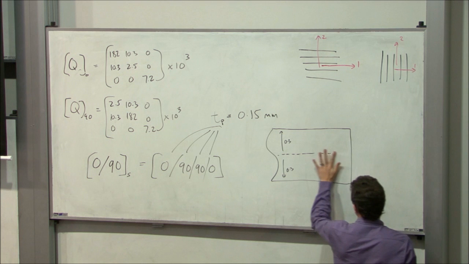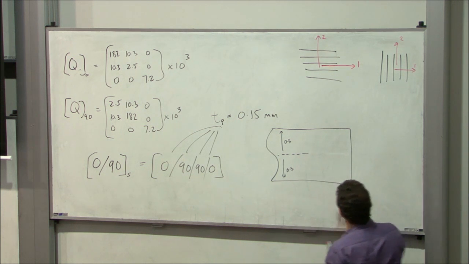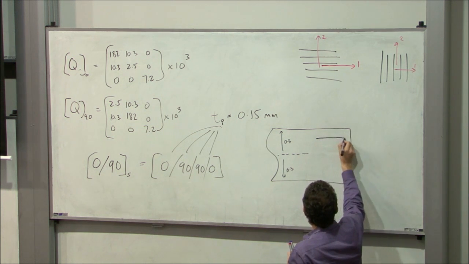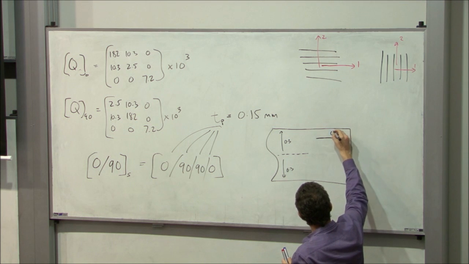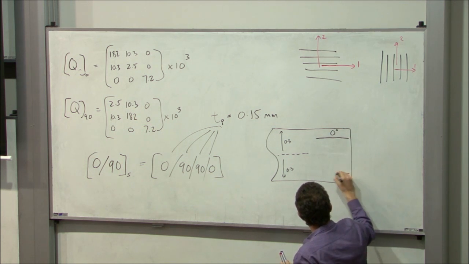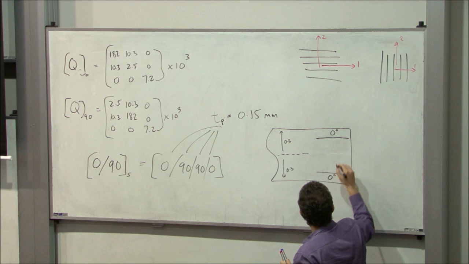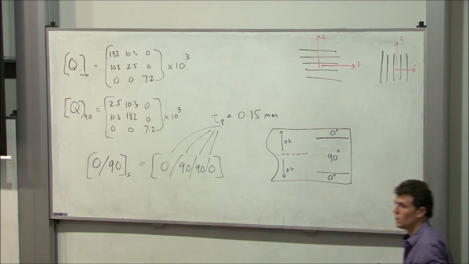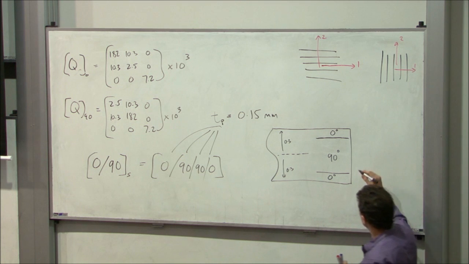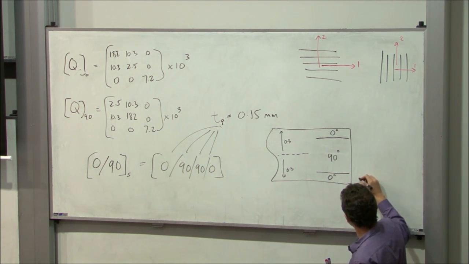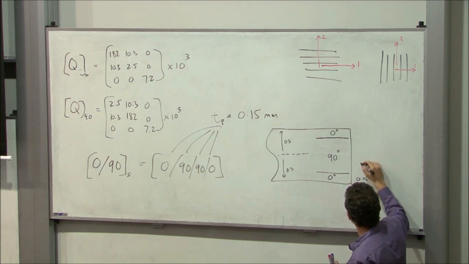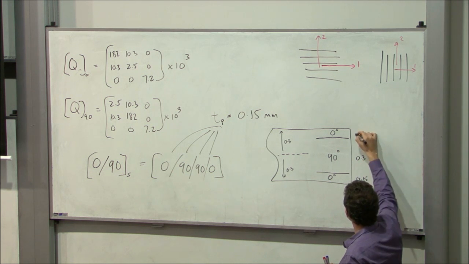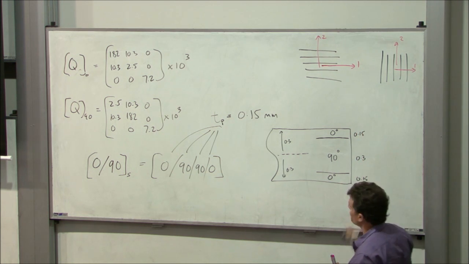Now if we look a little bit closer and try to break it down by plies, I'm going to say there's a 0 on the outside, on both sides, and there's a bunch of 90s in the middle. I haven't drawn that particularly to scale, but this is 0.15, that's 0.3, and that's 0.15.